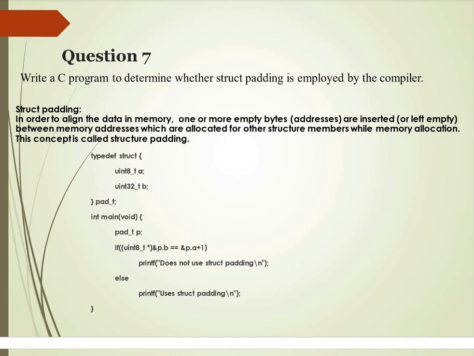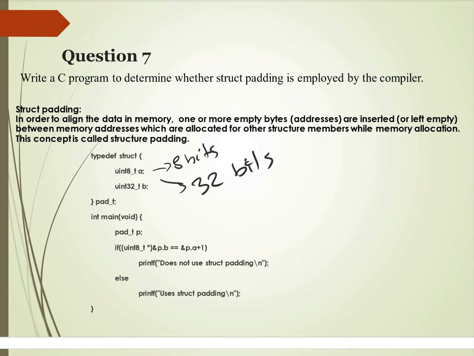Now, the way that we can determine if there is struct padding or not is that we can define a struct here. The first member of the struct is 8 bits, and the second one is 32. What we can do is check if the address of the second element of this structure is immediately after the address of the previous member.